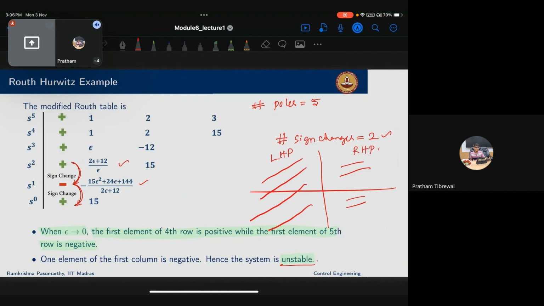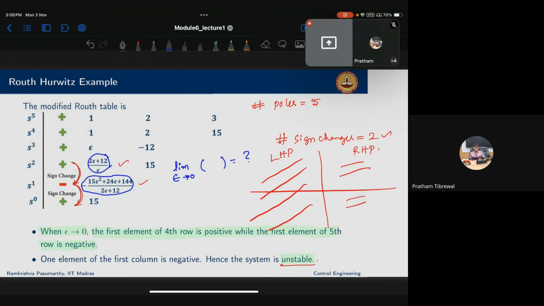The only thing you need to do here, the catch is, for these terms you have to take the limit as epsilon tends to zero. Those terms you have to check, whether that is positive or negative.